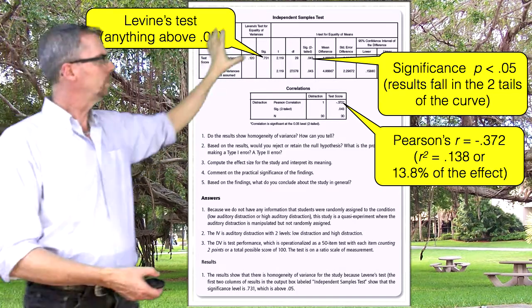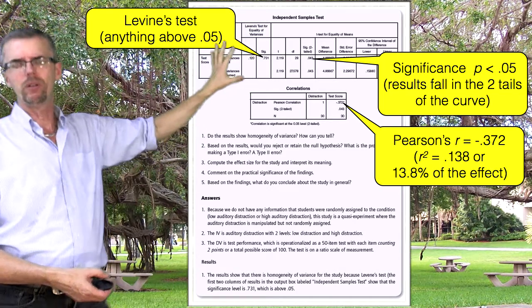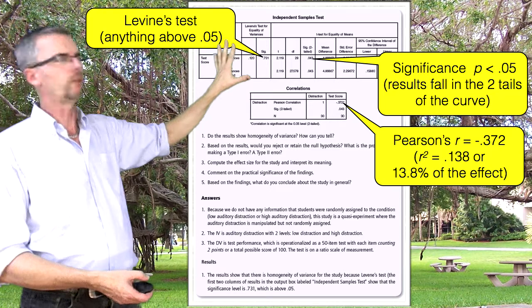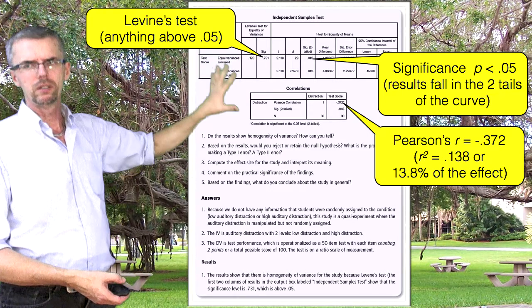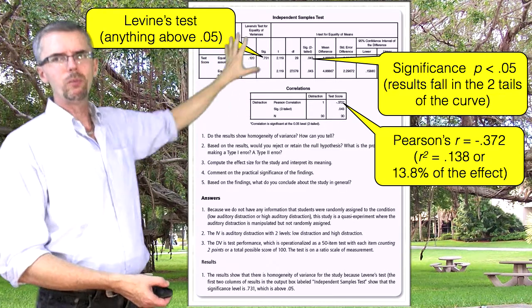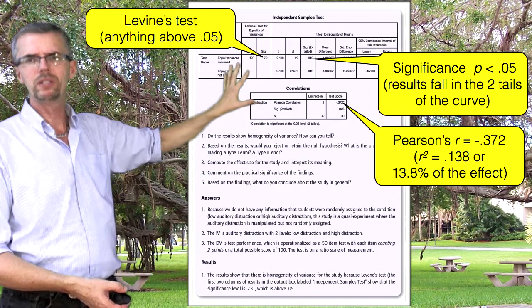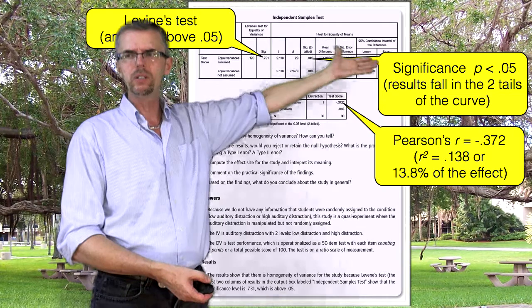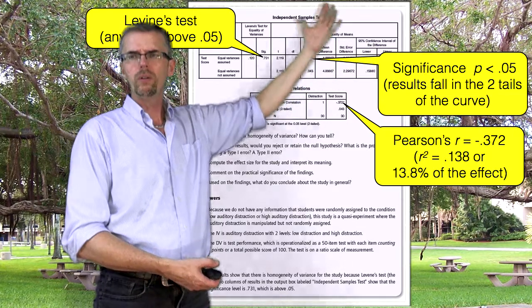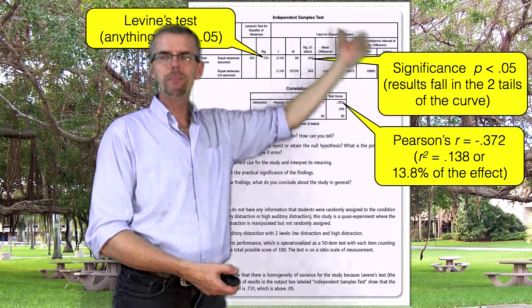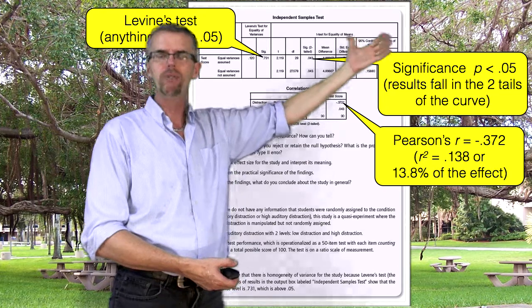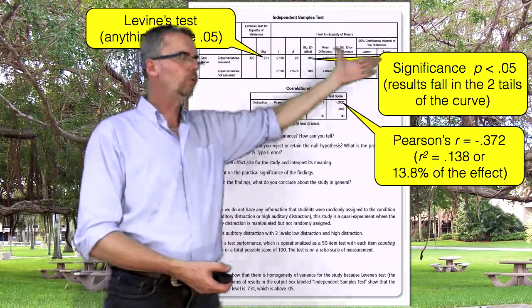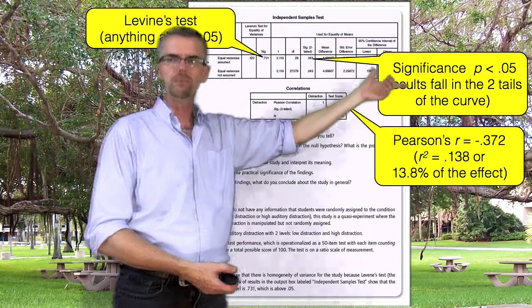But these are the only sections of the SPSS output that you're really going to have to focus on for the purpose of this course. And that is understanding what the Levene's test means when it's anything above 0.05, the significance of what p is when the significance level p is less than 0.05, and whether it's a two-tailed result or a one-tailed result.